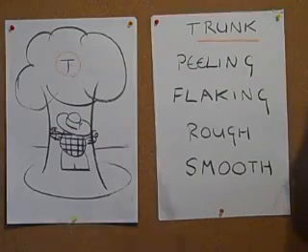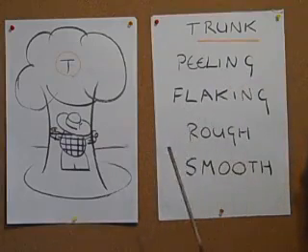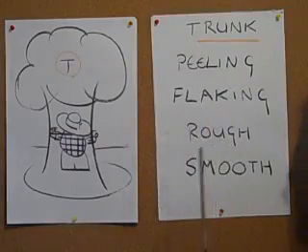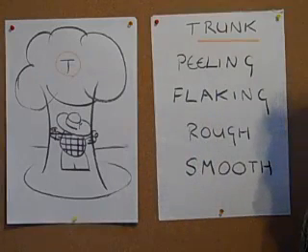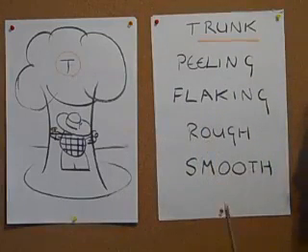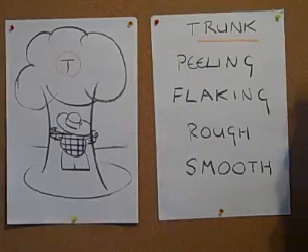The key elements of the bark that I have are peeling, flaking, rough and smooth. Most trees fall into the rough category, but trees such as a birch fall into peeling. You'll notice this as it grows the bark peels off, whereas with a rough tree it expands and breaks apart and retains that bark.